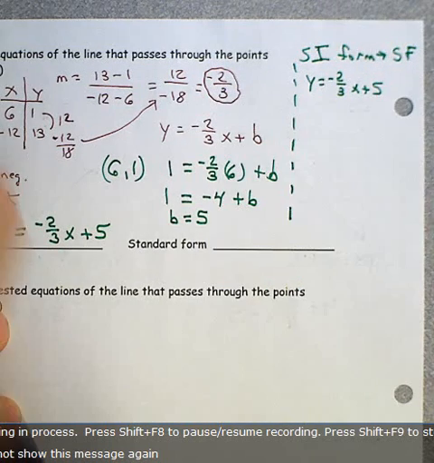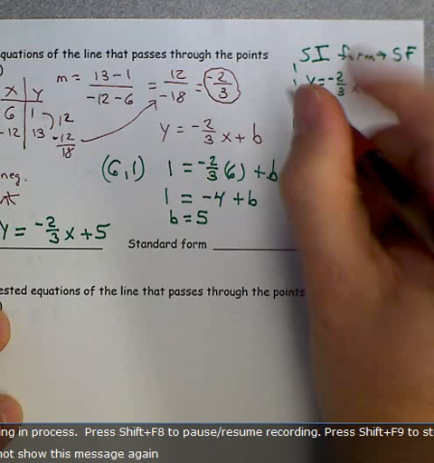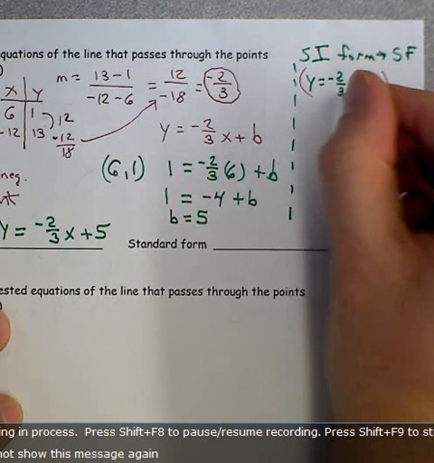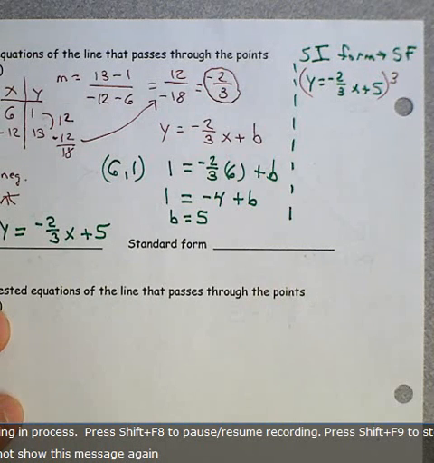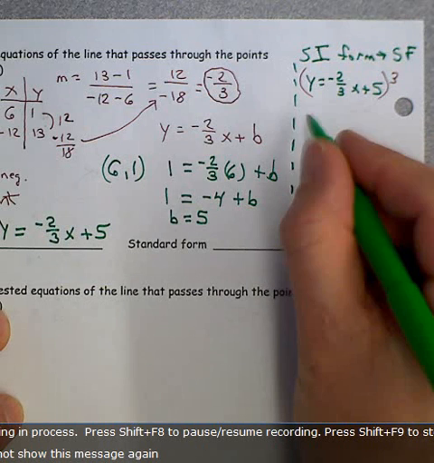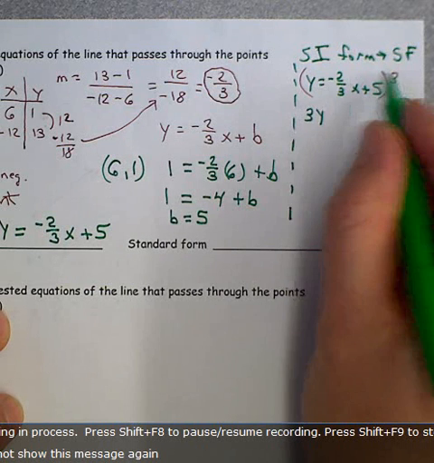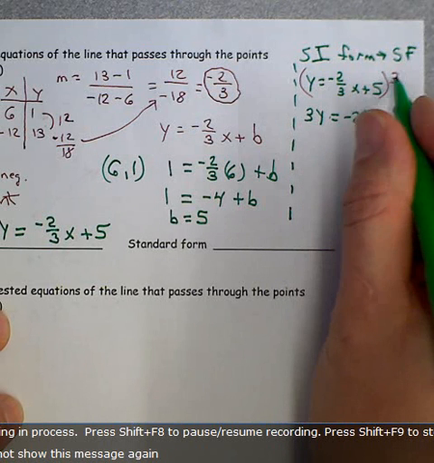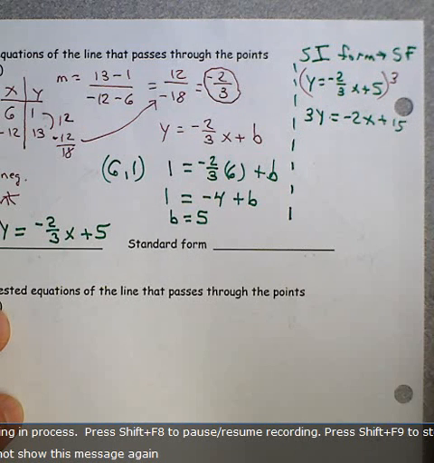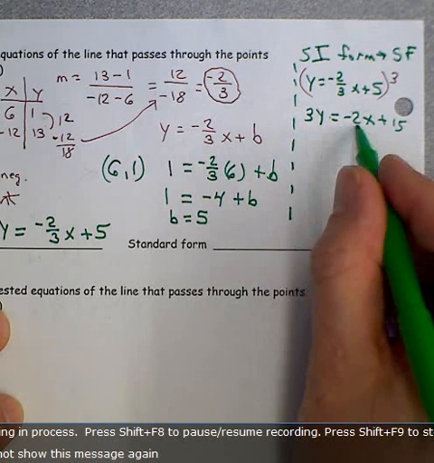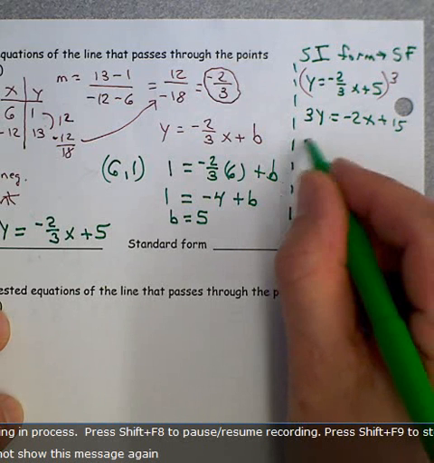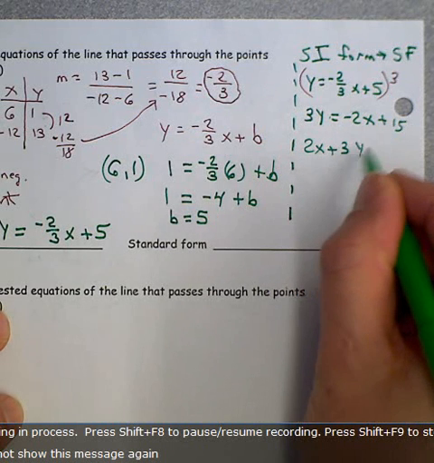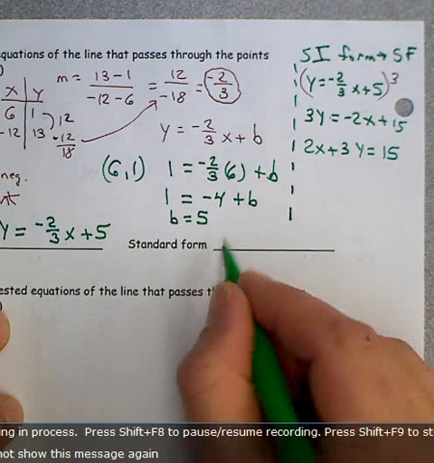And I know I can't have any fractions, so I'm going to multiply everything by 3 to clear those fractions out. 3 times y is 3y. 3 cancels with this 3, giving me negative 2x. 3 times 5, 15. When I add 2x to both sides, I get 2x plus 3y equals 15. And that is standard form.